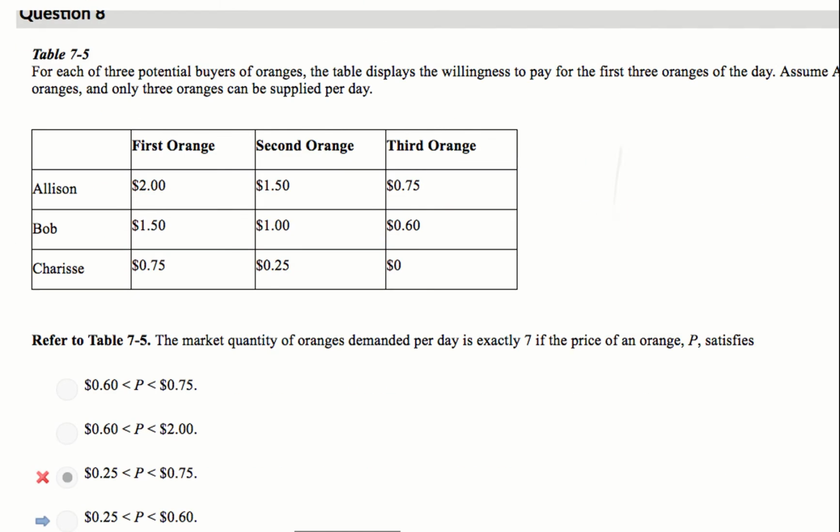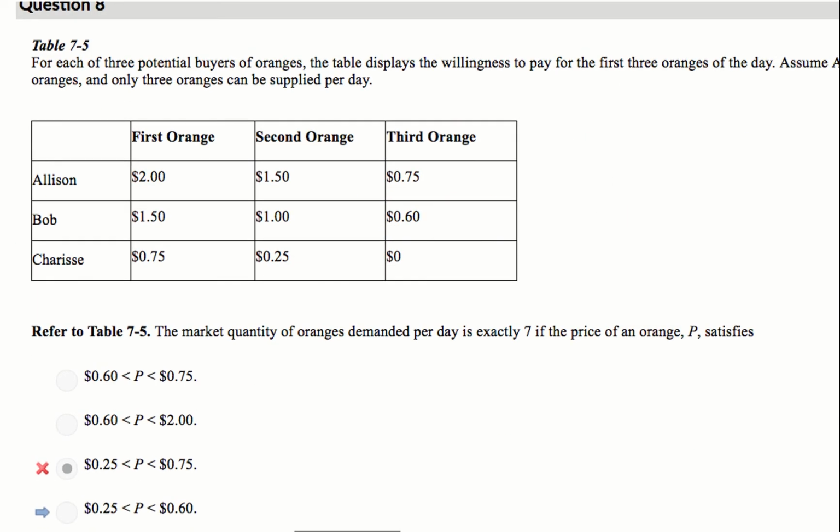All right. Next question. The market quantity for oranges demanded per day is exactly 7 oranges. So we're looking for the range of the price. Now we're going to rank our consumer preferences here.